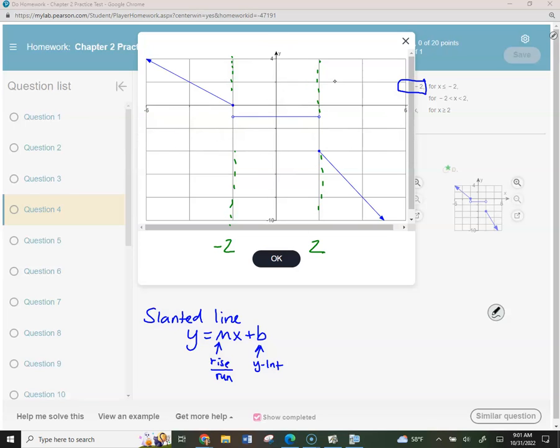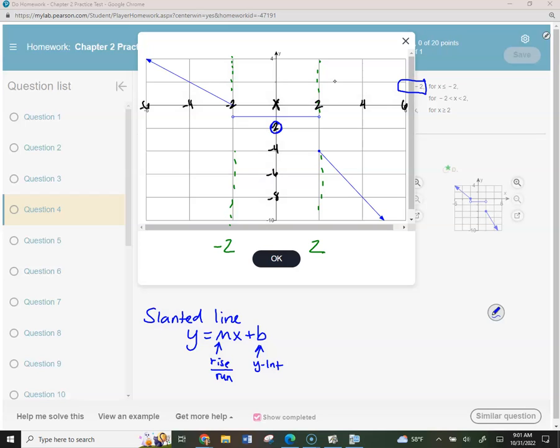Let me fix my, there's your x-axis, your y-axis. They come together there. This is counting by 2, 4, 6, -2, -4, -6, 10. So this is counting by -2. All right, repeat. Down 1 box, right 1 box.